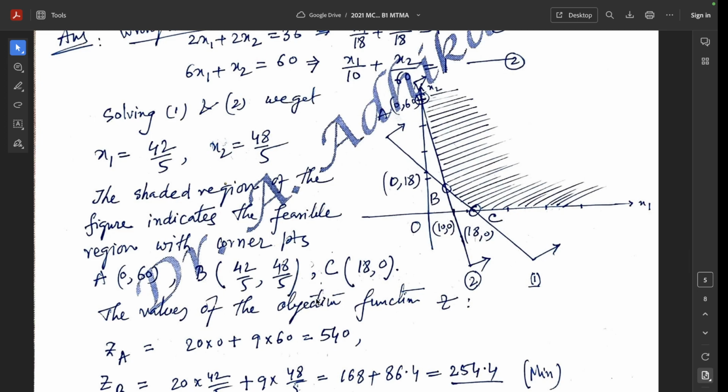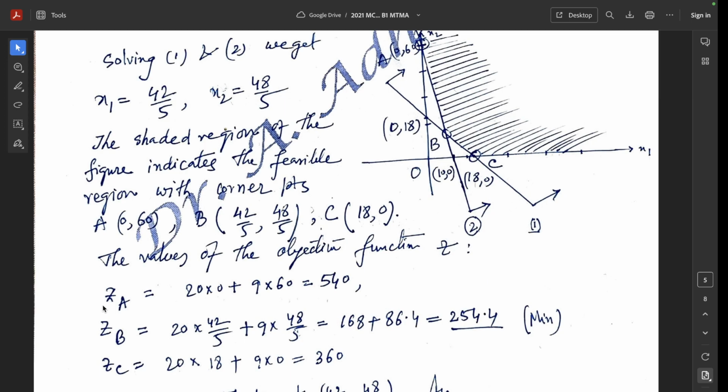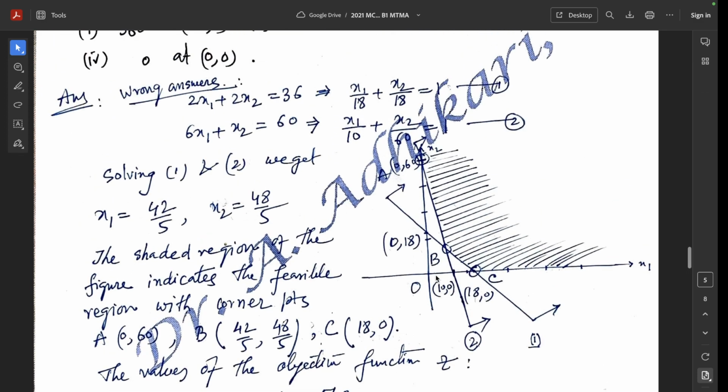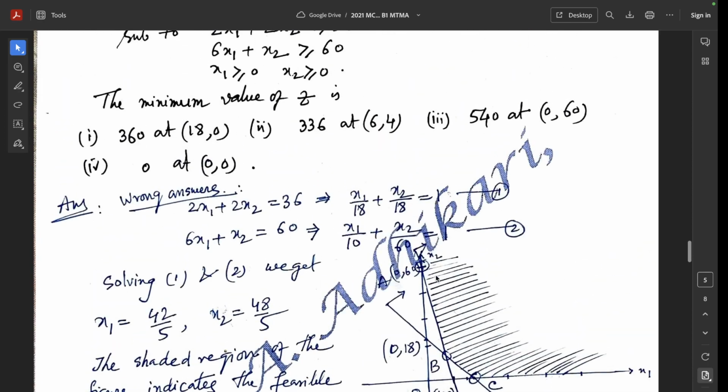The values of the objective function Z at these corner points: ZA is 540, ZB is 250.4, and ZC equal to 360. So the minimum value of the objective function occurs at the intersecting point B. So there is no correct option here.